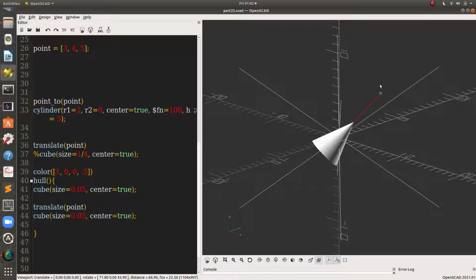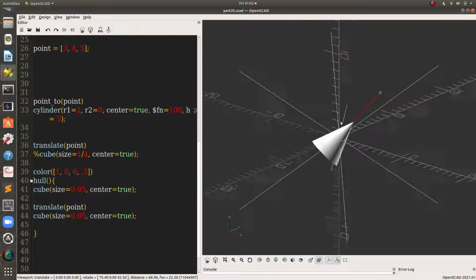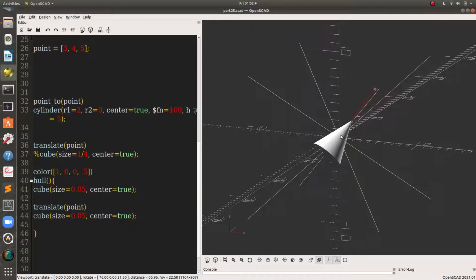Let's say the point is the same, but the cone is somewhere off in space, and we still want it to point to this point.